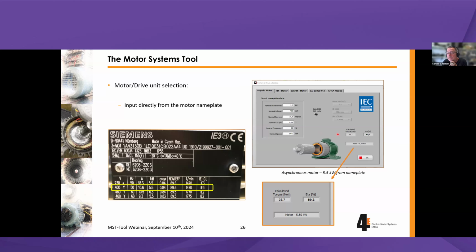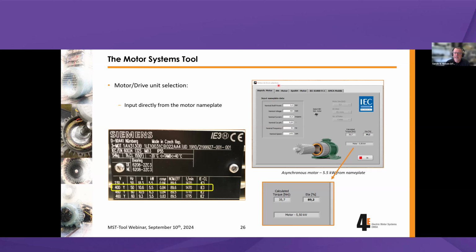My program will calculate the efficiency from these numbers to 89.2, which is almost the same as the nameplate, and I'm thinking that this is about the rounding of the numbers on the nameplate that makes that difference. I'm sure that the Siemens motor in question here is exactly spot on as it should be, of course, in the current regulation for motors.